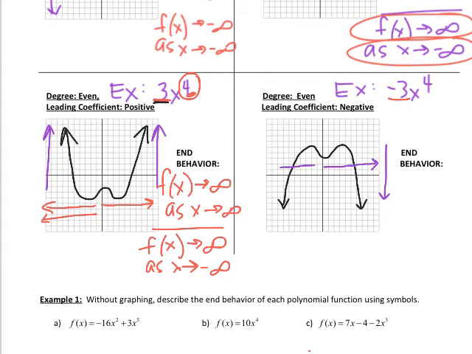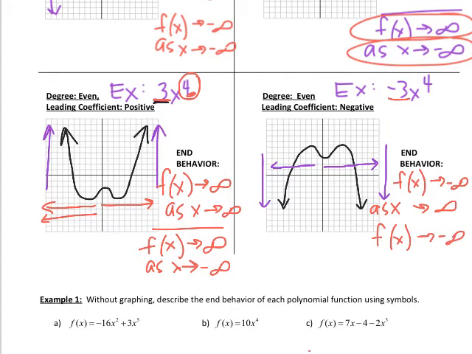And when x gets smaller, over here, the graph is also going in the downward direction. So that's what we are talking about when we're talking about end behavior. So the function itself gets closer to negative infinity when x approaches infinity, and f of x gets closer to negative infinity as x approaches negative infinity.